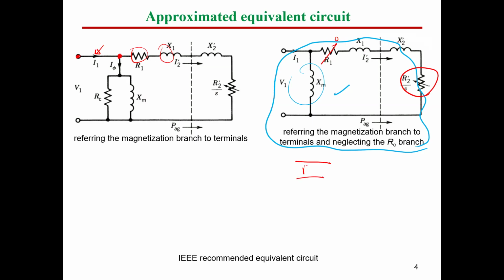From the power flow, guys, if this is P gap, after having some losses before, okay, so this is P gap. We have here the copper losses P copper 2, and the remaining power will be the P mechanical. So the internal efficiency means P mechanical divided by P air gap, which is nothing but 1 minus S. We call this the internal efficiency or ideal efficiency.